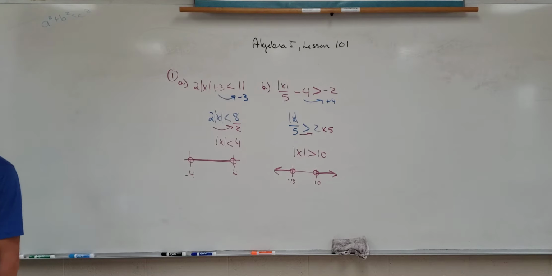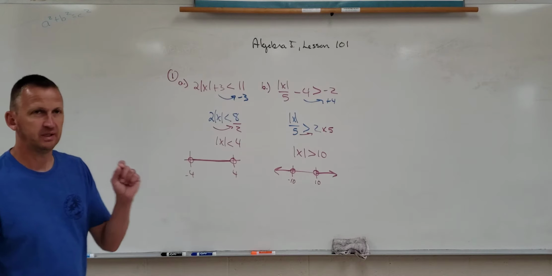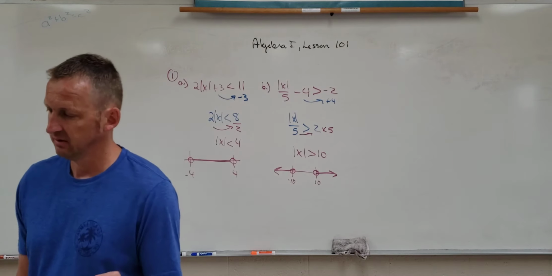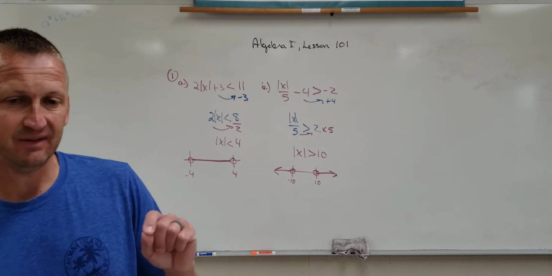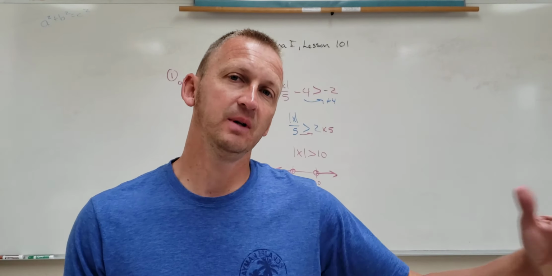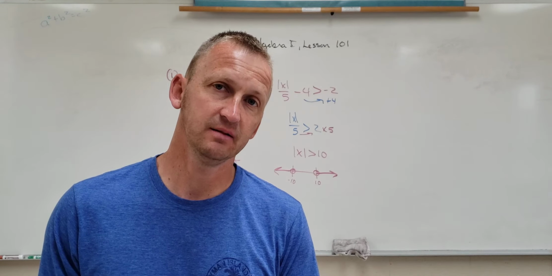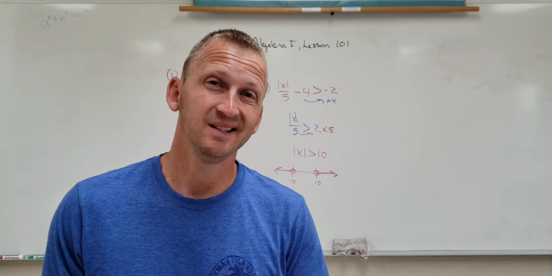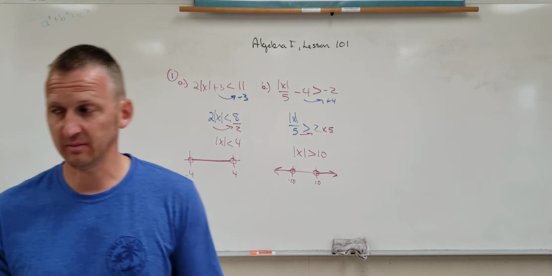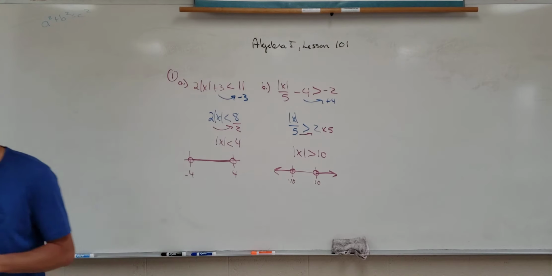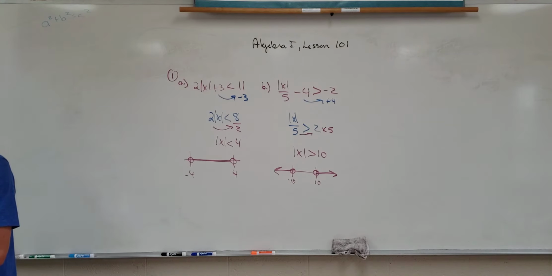And then part C is exactly the same, except pay attention to C. You have a -10, and when that -10 moves across that inequality, it flips it. So pay attention to that. Be careful with that. Okay?